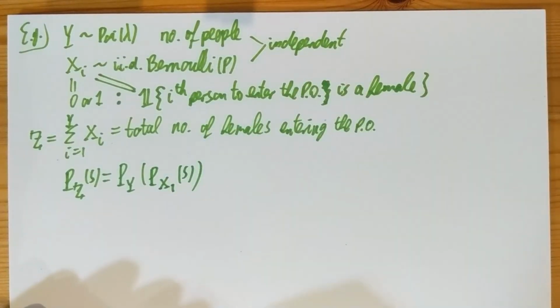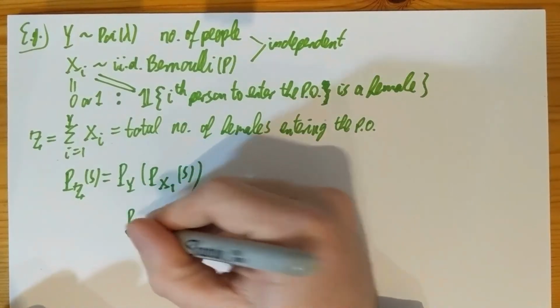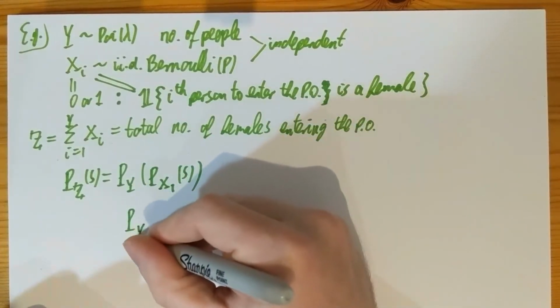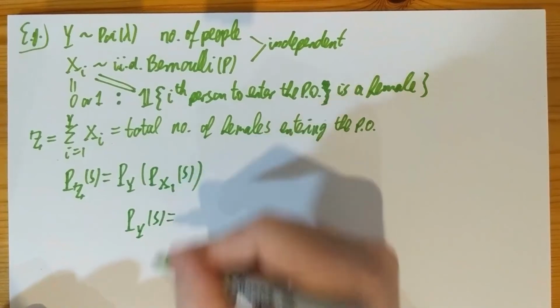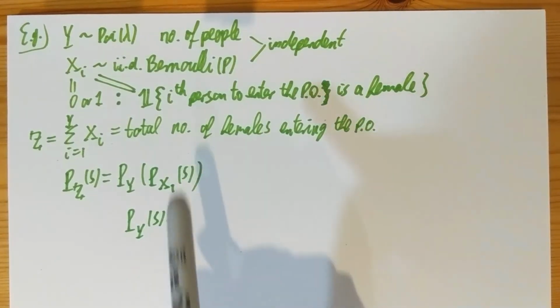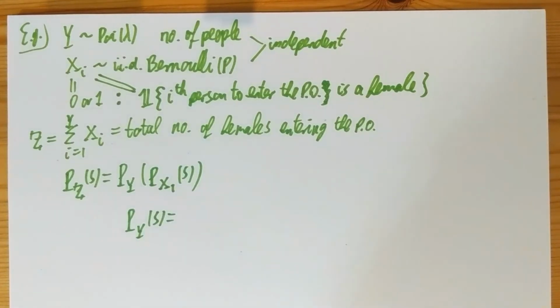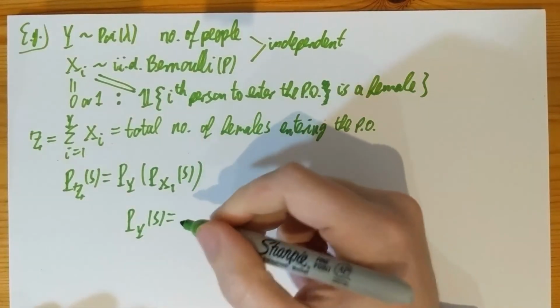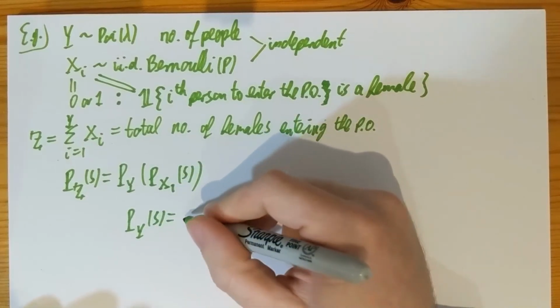So let's see what these are. Well, we have covered both the Poisson and the binomial random variable. The Bernoulli is a special case of binomial, so we can apply that, or we're gonna do this in a second. But let's do the Poisson first.